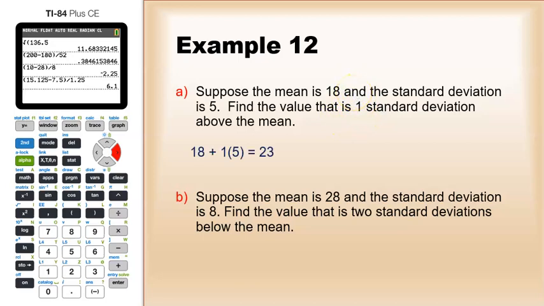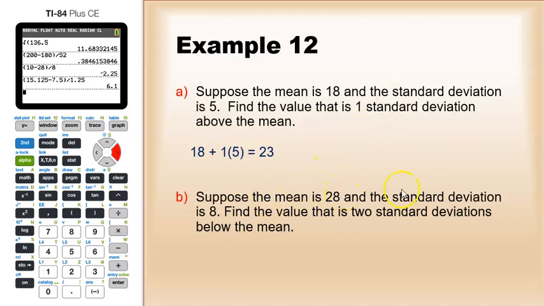So we can rearrange the z-score formula. Value minus mean divided by standard deviation is the z-score. If you rearrange the pieces, the mean plus the z-score times the standard deviation is equal to the value. So the value that is one standard deviation above the mean is 18 plus 5, which gives you a value of 23.